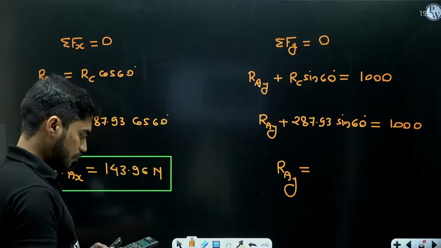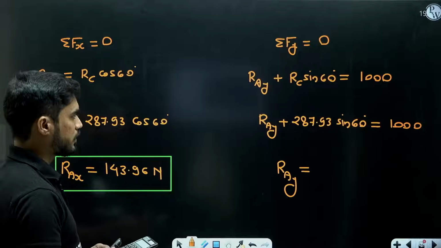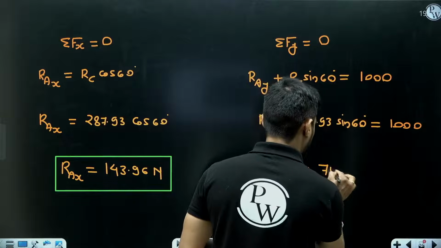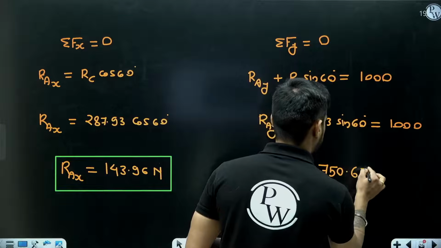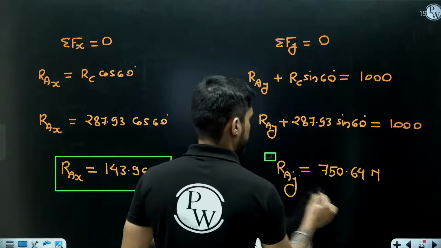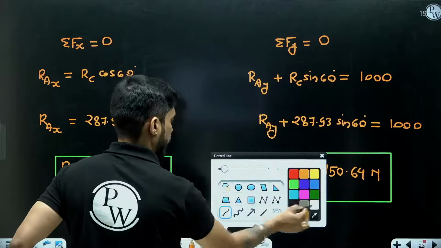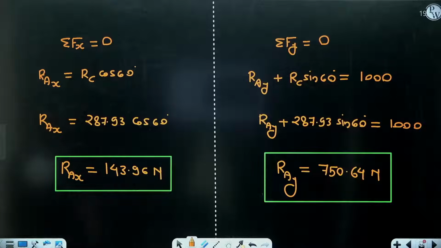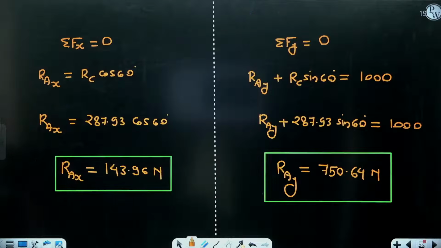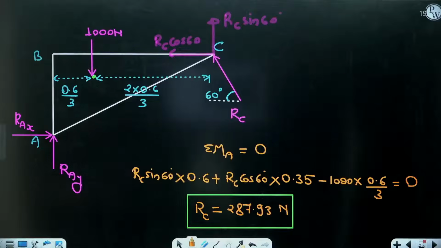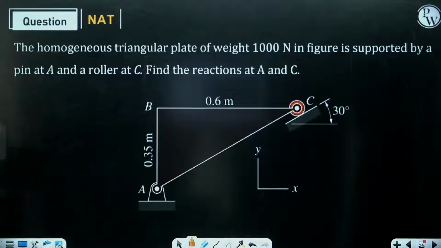So 1000 minus 287.93 sin 60. I am getting 750.64 Newton. So these are the values of RC, RAX and RAY. I hope this is clear to you.